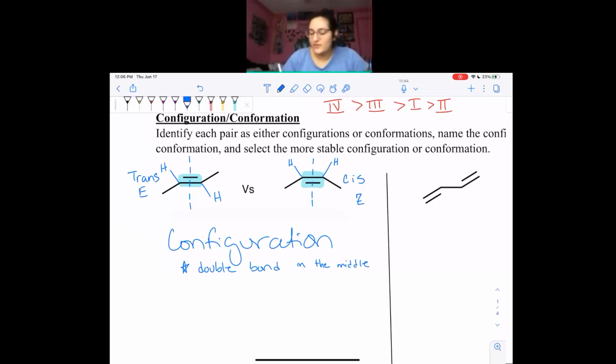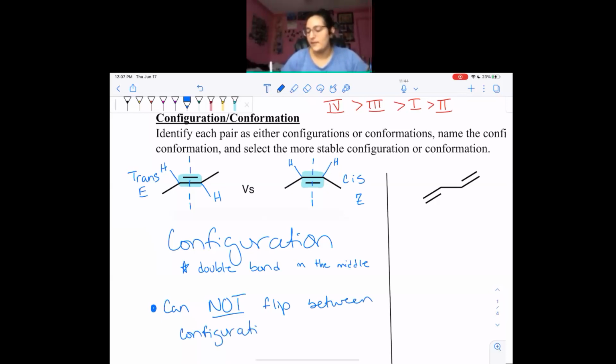And we are going to make a couple points about this. Point number 1 is we can not easily flip between configurations. So we cannot really go between E and Z. You would have to do a big reaction to make that happen, right?